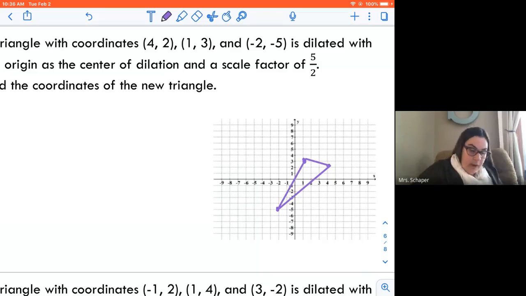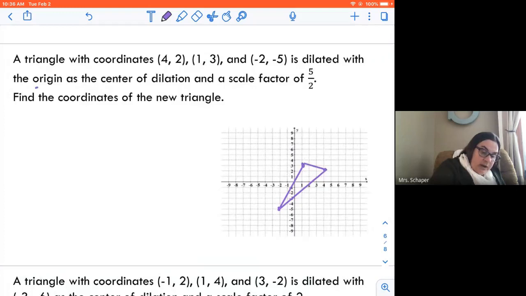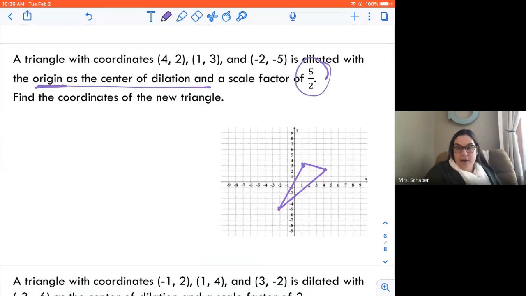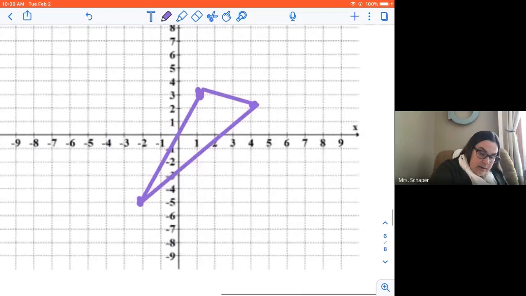Okay, there we go. Now, it's dilated with the origin as the center of dilation and a scale of 5 halves. So what that means is the center of dilation is 0.